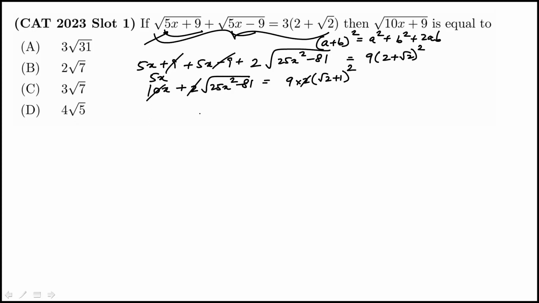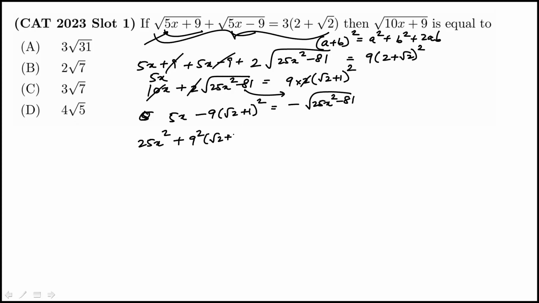Obviously, you have to be careful when you're doing this. So we get 5x minus 9 times root 2 plus 1 square is equal to that. I'm moving this guy over to the other side. And then I square both sides. So that would become 25x squared plus 9 squared root 2 plus 1.